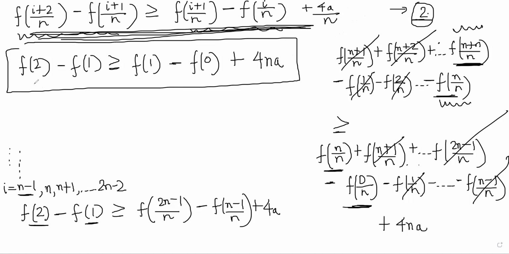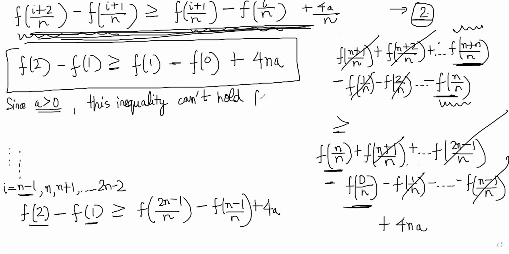Now think about it. Since a is greater than 0, this inequality can't hold for n tending to large numbers, for n tends to infinity. Why? This inequality cannot hold for n tends to infinity because we are getting that the difference between the first two terms f2 and f1 is so much greater than the difference between f1 and f0.